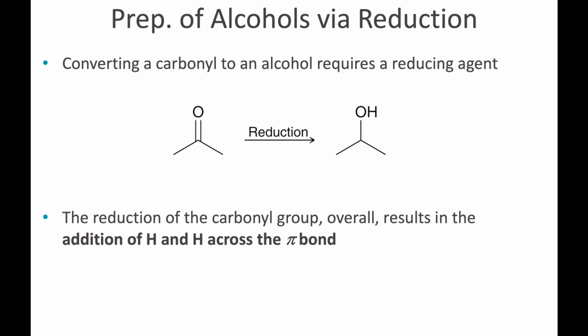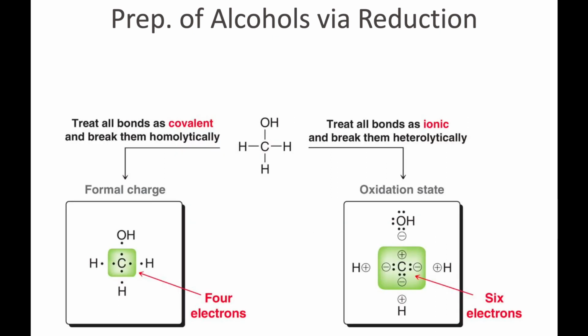Electron bookkeeping. That sounds familiar? Remember, we've seen that already in terms of formal charge, right? Where each atom is assigned half of the electrons it is sharing with another atom. So let's see an example of that using methanol. Let's focus on the left-hand side here. If you have methanol in a formal charge, we say that each bond has 2 electrons, and each of those electrons is being shared equally among the 2, right?